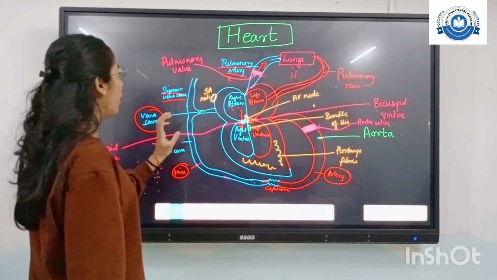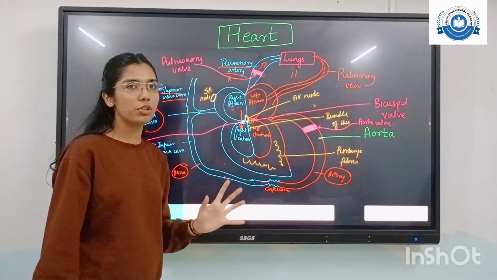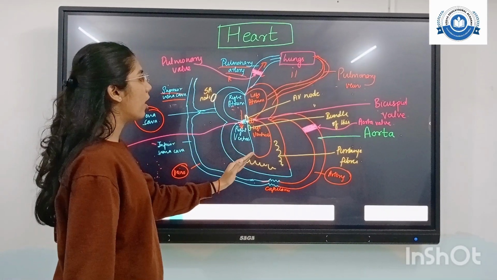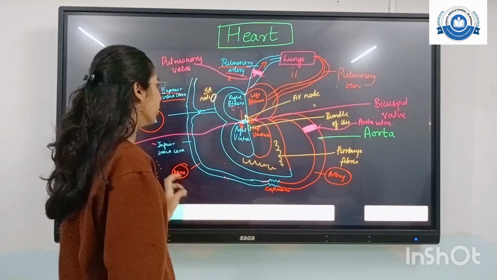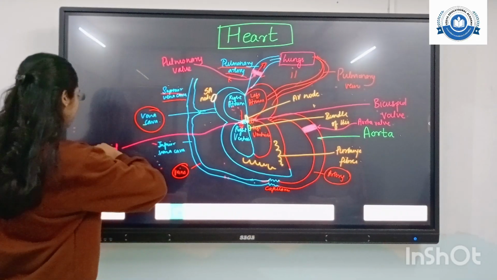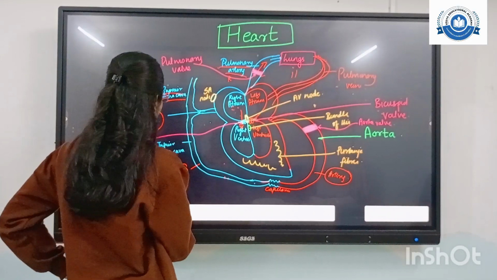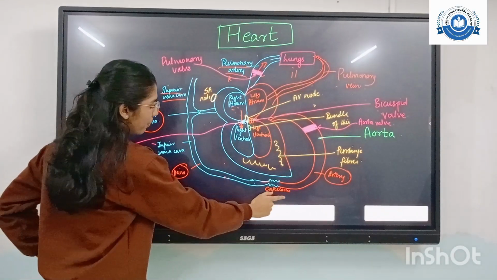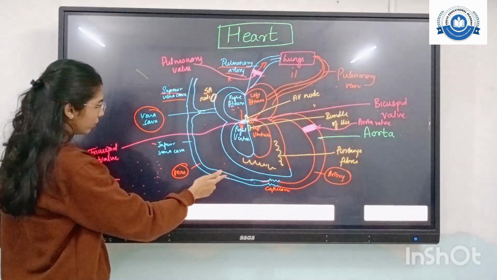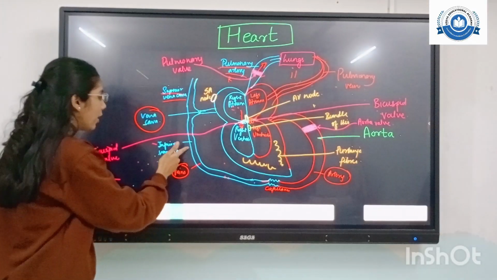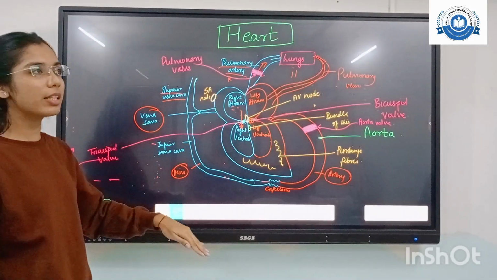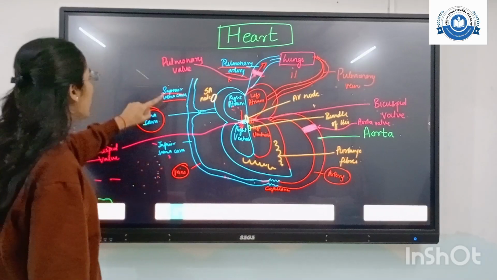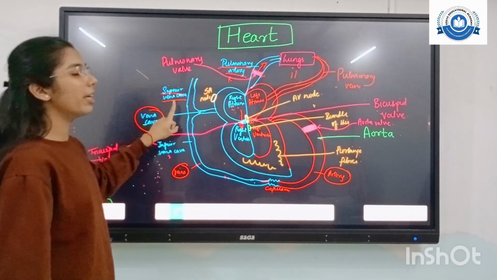Now, how the unpurified, deoxygenated blood enters the heart and how it gets purified, all this process we are going to see here. First of all, the deoxygenated blood, which comes from the capillaries, passes through the veins. The lower vein is called the inferior vena cava and the upper vein is called the superior vena cava.